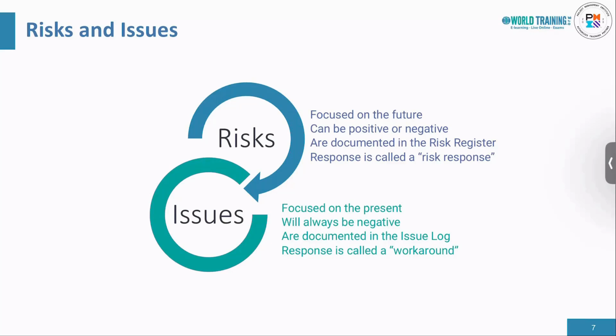Because of these differences, the language used to describe risk is future tense. For example, if this happens, then this will be impacted. However, for issues, the language used is in present tense. For example, we have this problem. Now, how should we deal with it?